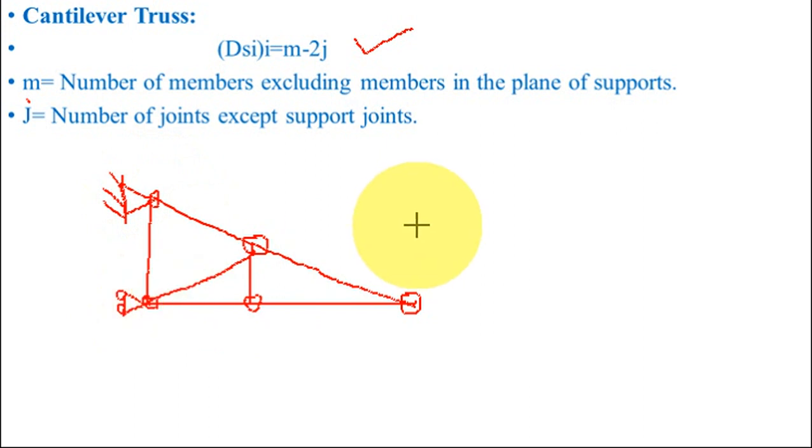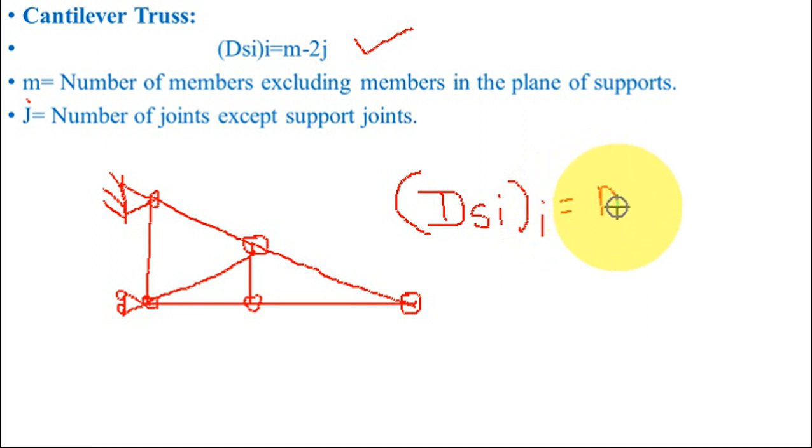Now what is the degree of internal indeterminacy for this truss? DSI internal indeterminacy is equal to m minus 2j, this is small j. So how many members are there?